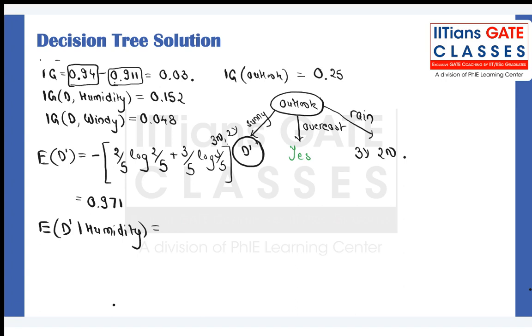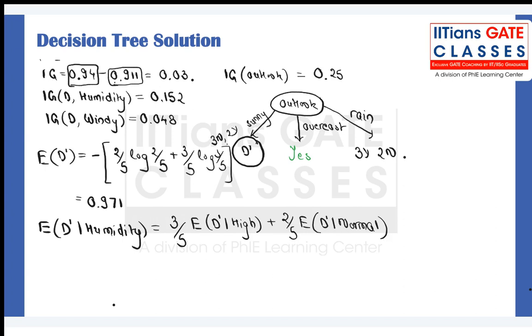So I will do a weighted average: 3 by 5 entropy of d dash given it is high plus 2 by 5 entropy of d dash given it is normal. Okay. Now my job is to calculate the individual entropies of these two.